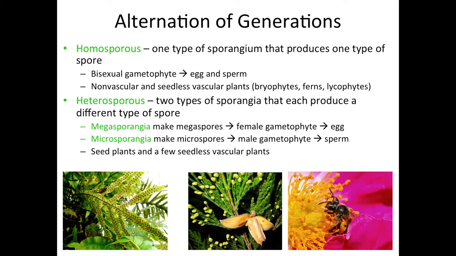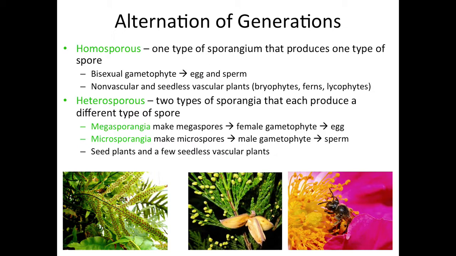The sporophyte body produces sporangia, and those sporangia produce spores. Those spores grow into a gametophyte, and the gametophyte produces both egg and sperm. There's only a single type of gametophyte that produces both egg and sperm.